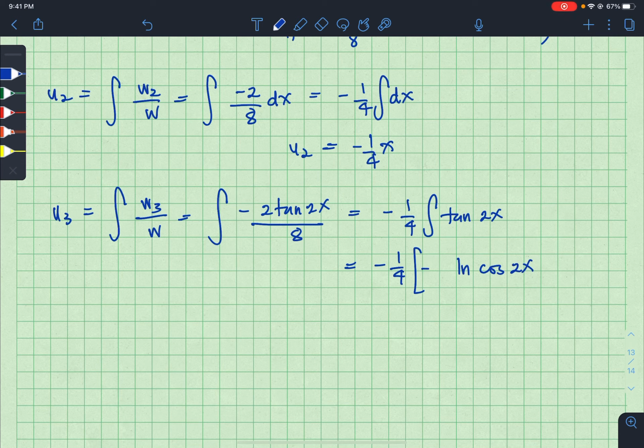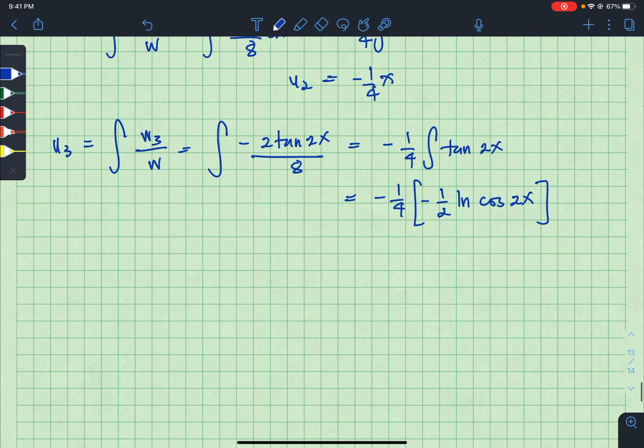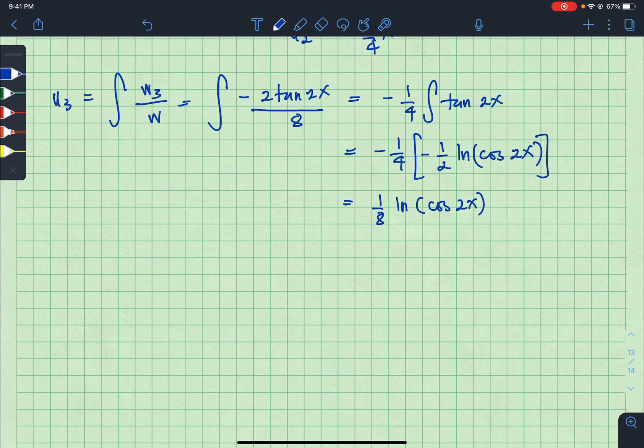However, that is negative, and then the neutralizing factor is 1/2. Or just simply 1 over 8 ln of cosine 2x. So that is our u sub 3.